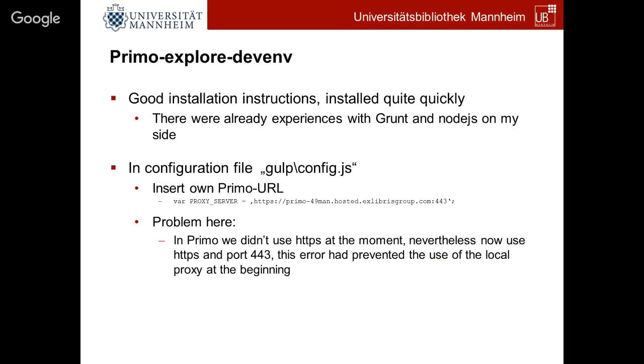The only problem there was we didn't use HTTPS before, so I didn't think I had to use it now. And for this, it was a problem that I didn't bring it in the right way. So for some days I had a little bit of confusion, but after that it's working perfectly.